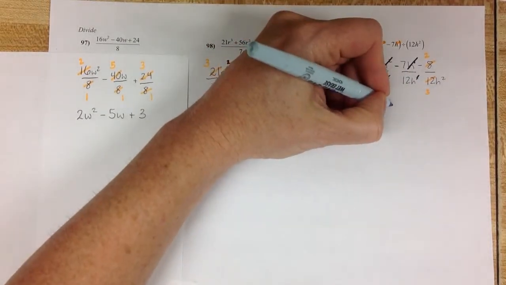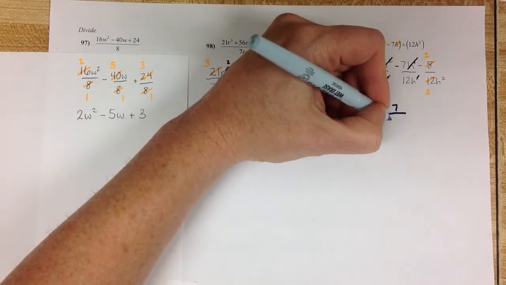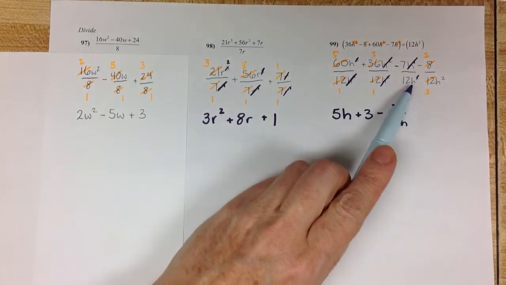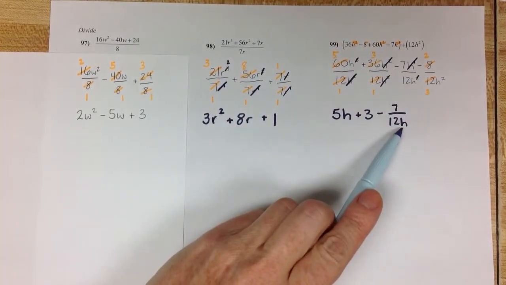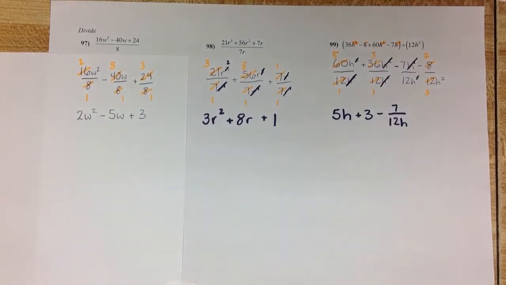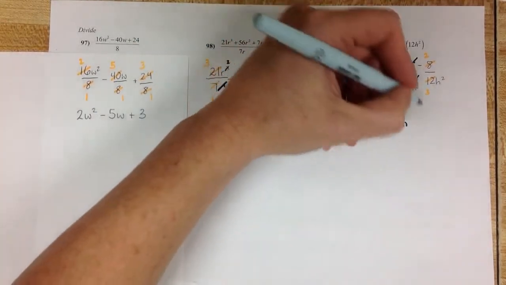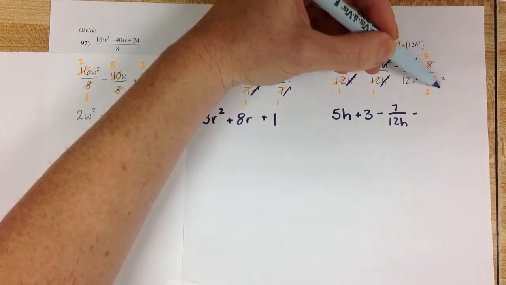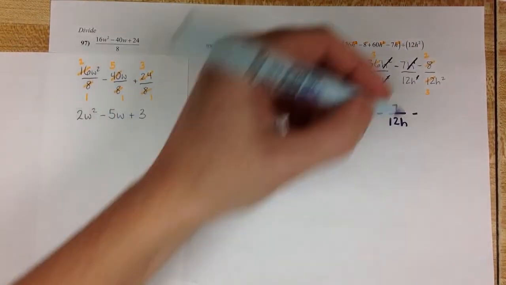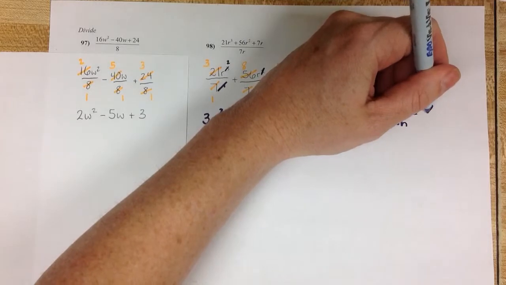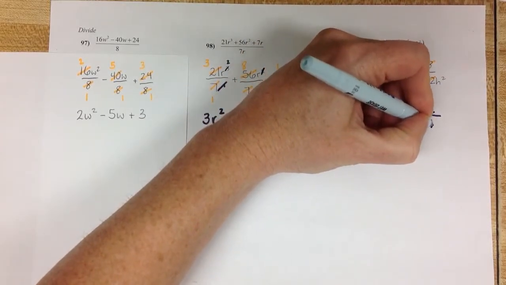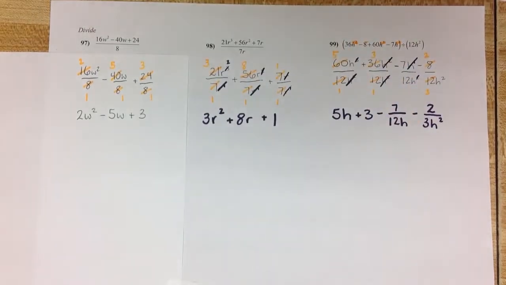So I'm going to write this next term as a 7 over 12h, because that remaining h is in my denominator, not in my numerator. And for the final term, I don't have any h's on the top, so both of those h's will remain in the bottom, making my final term a 2 over 3h squared.